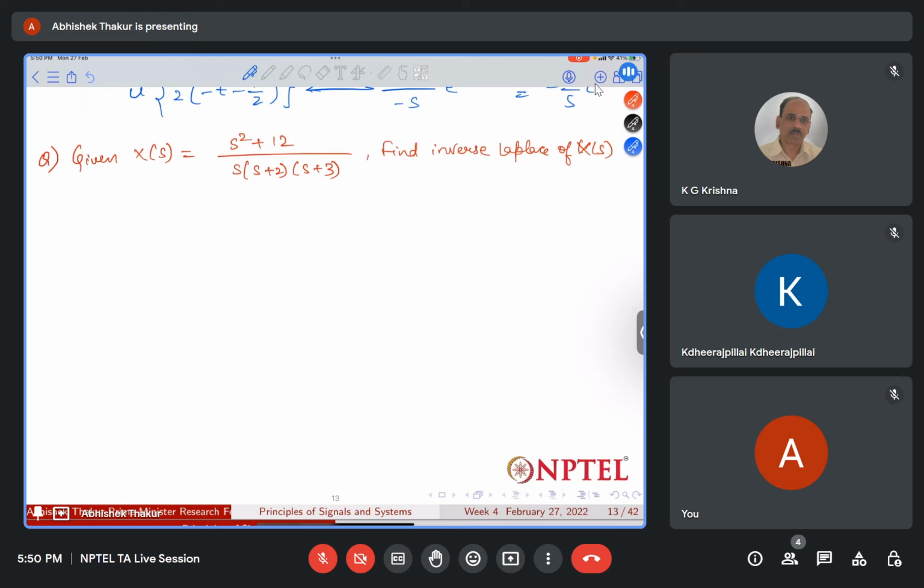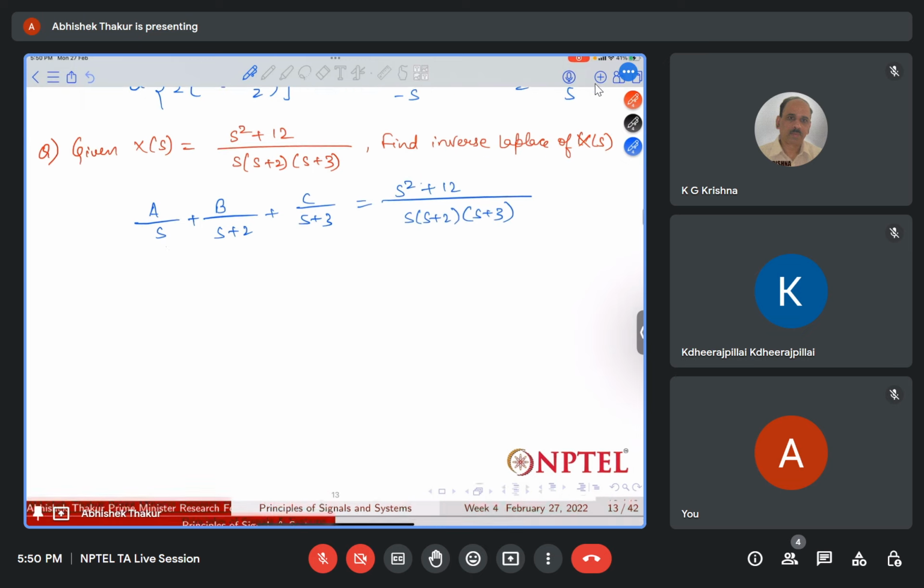We can decompose this fractional function in this way: a by s plus b by s plus 2 plus c by s plus 3, and we can find all these coefficients. After that we can equate it with s squared plus 12 divided by s plus 2 into s plus 3.